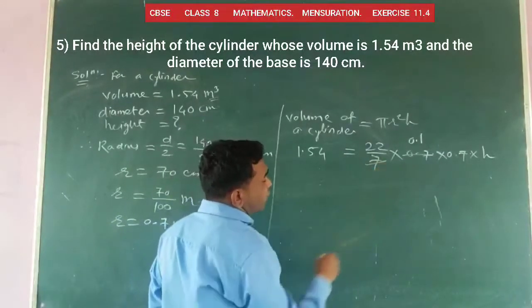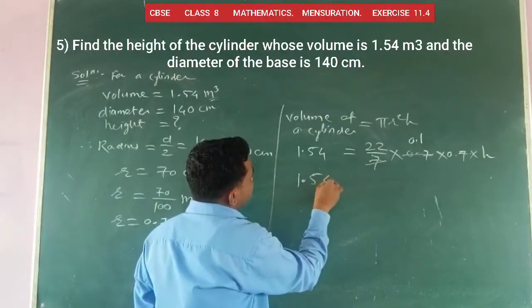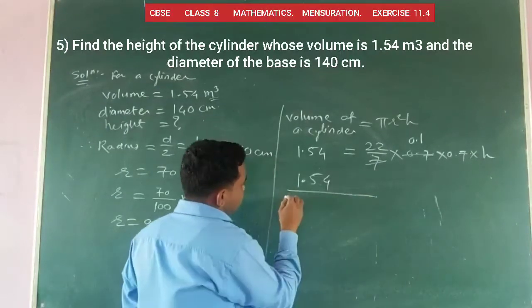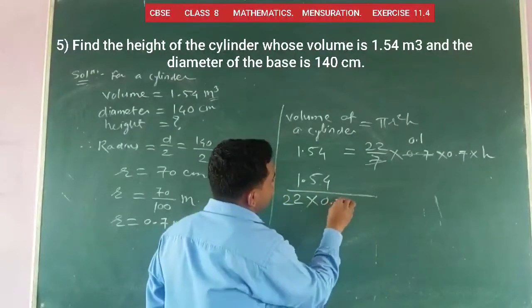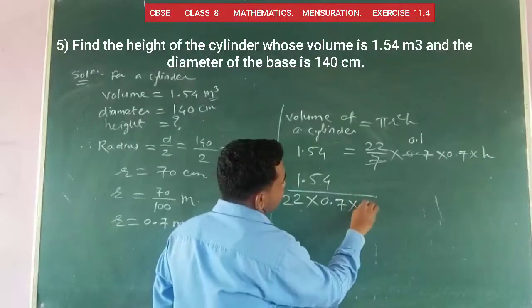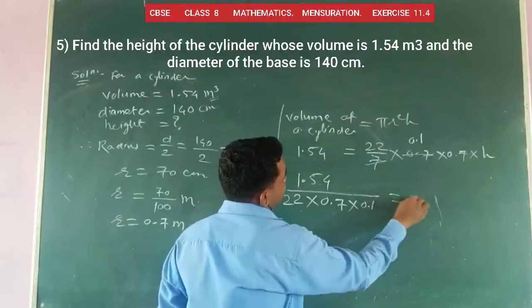Now here this 7 and 0.7 get cancelled, answer is 0.1. To find the value of h, 1.54 as it is upon 22 into 0.1 into 0.7 into 0.1 is equal to h.